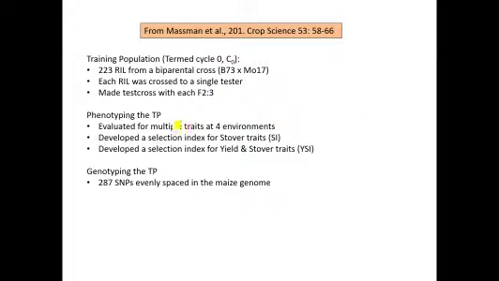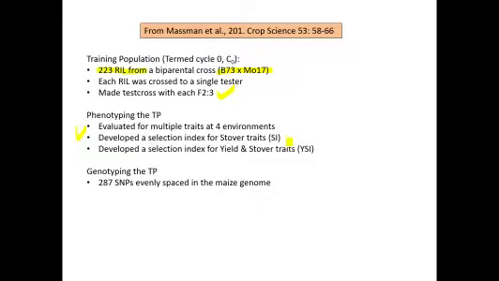And here is our training population. They developed 223 F2 derived lines from a single biparental cross. Each of these was crossed to a single tester to make test crosses. Each of these 223 test crosses were then evaluated for multiple traits at 4 environments.